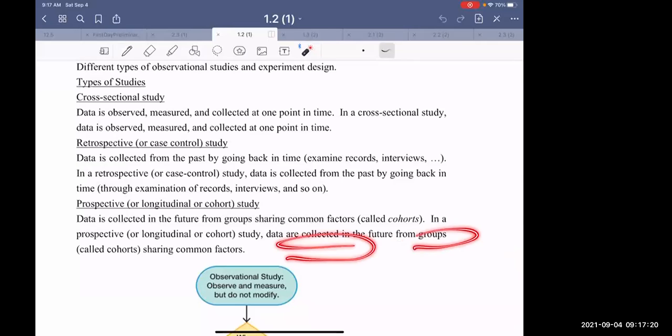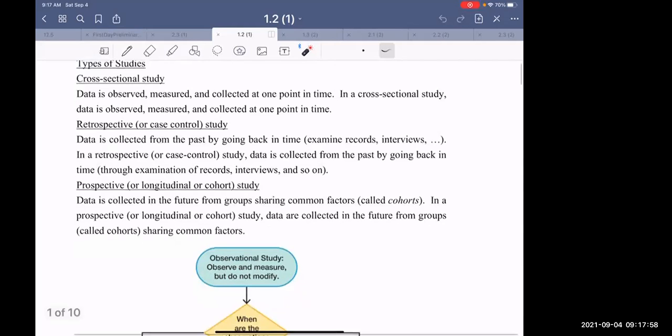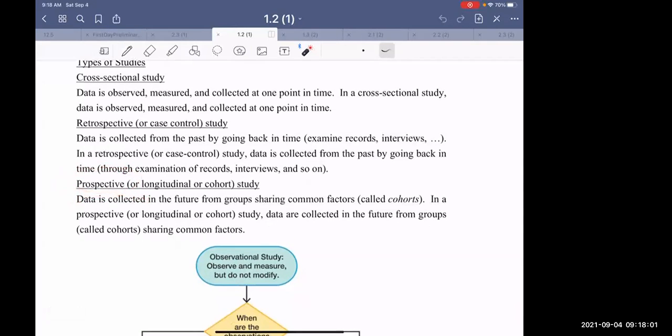And I will then pick from each of these groups, so this is my cohort of smokers and my cohort of non-smokers. I'll then look at each of these, and for the next however many years, we will then take data and see what happens to each of these groups. And so, this exposed group and this non-exposed group. That is called a cohort study. It is a prospective study.